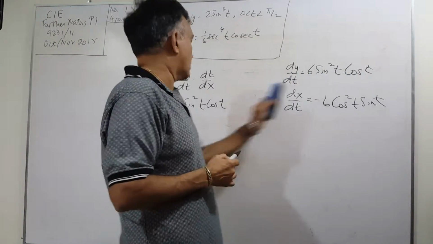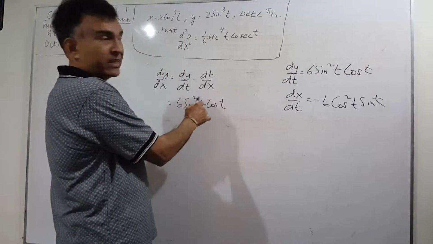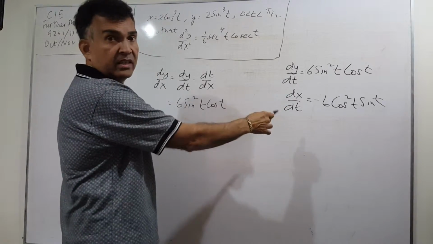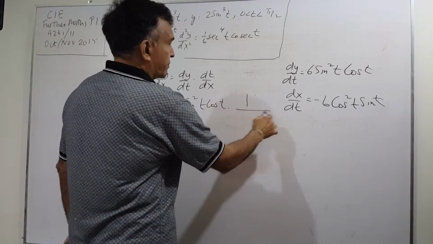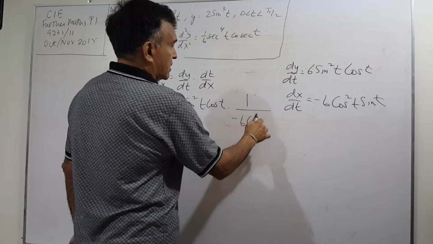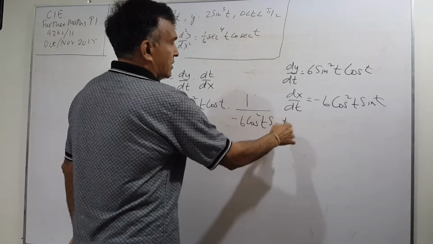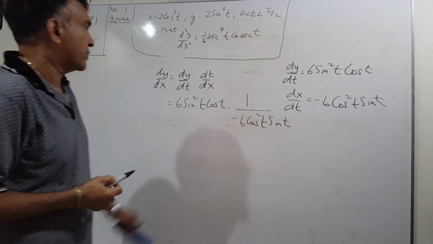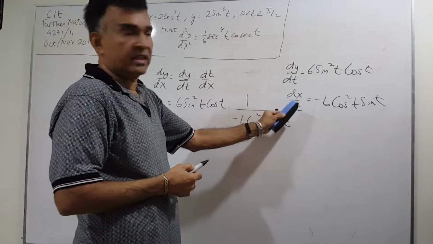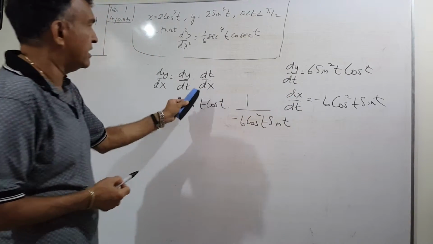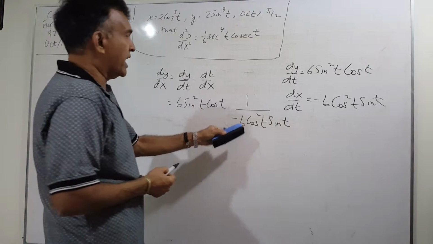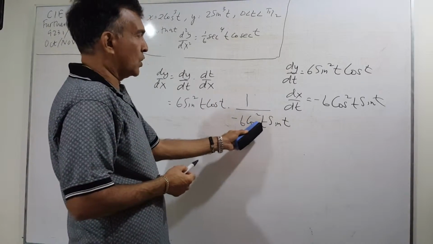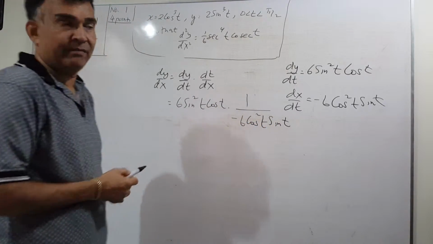What we have is dx dt, so let's invert it to get dt dx. I have 1 over negative 6 cos squared t sine t.